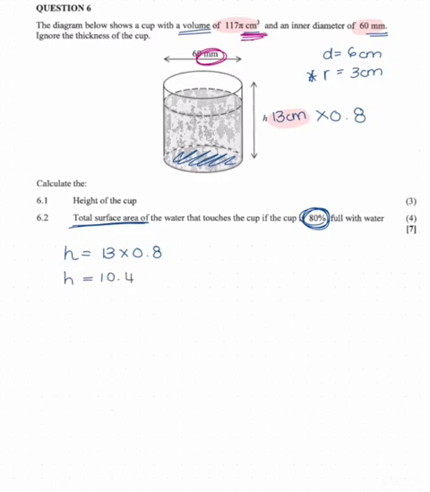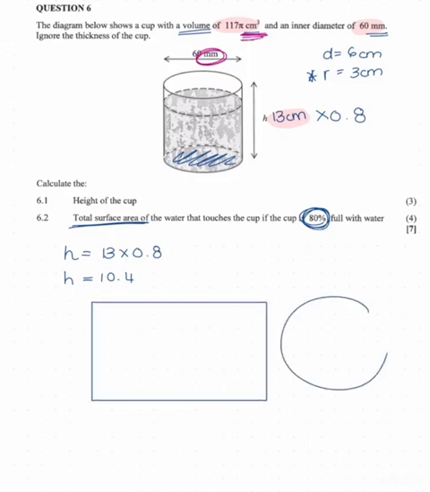But what we need to think of is that you're always going to have a bit of a rectangle situation and the circle for the base. And what is very important is that this length here wraps around that circle, right? Meaning that those two are the same in length, meaning that the circumference of the circle is that length. So that means this side would have been 2 pi r. That's its length. And the height of my shape is 10.4 centimeters as we've just calculated.